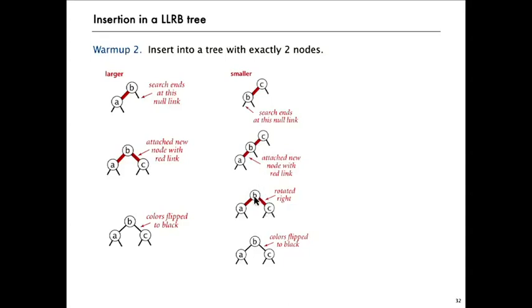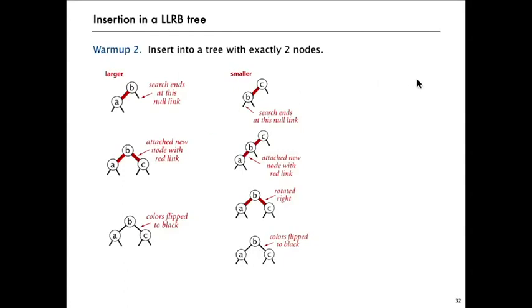That puts B at the root, and now it's got 2 red children. It reduces it to this case, and we flip the colors, and we have a single 4 node, a red-black tree that's got 3 2 nodes and no red links. Same situation as before. So we had a single temporary 4 node, and we split it up into 2 2 nodes connected to a 2 node. So that's the case when it's smaller.